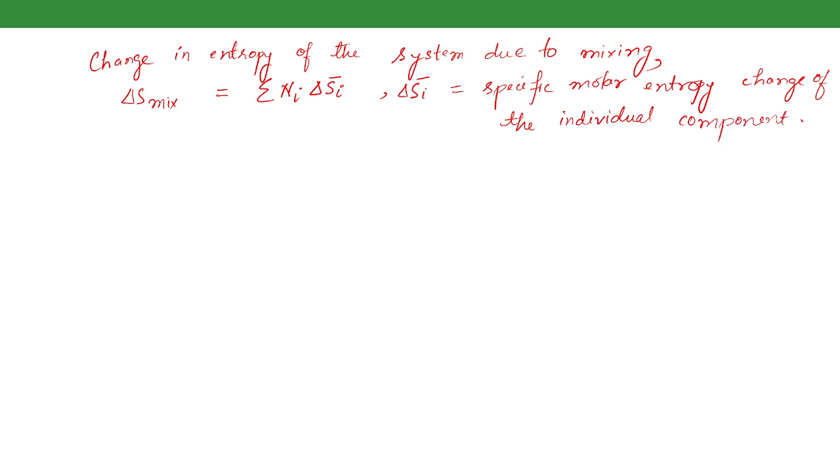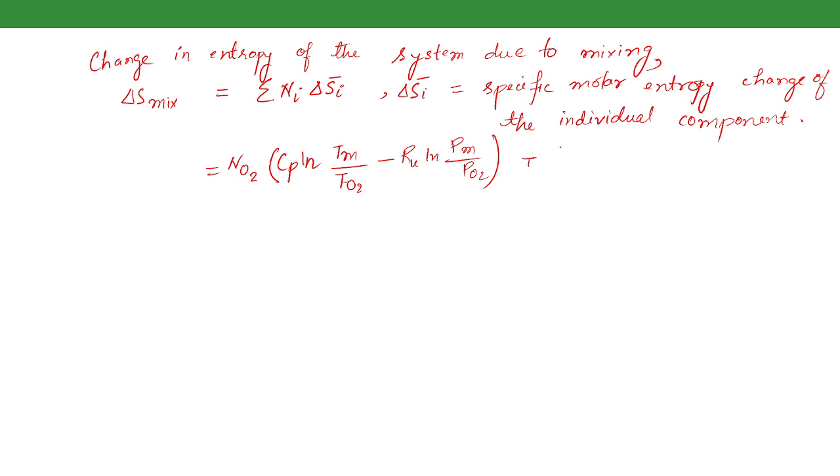So how will we go about it? Considering oxygen and nitrogen as ideal gases, we can write the specific molar entropy change in this form: for oxygen, N O2 times Cp ln of Tm by TO2, where Tm is the final mixture temperature and TO2 is the initial temperature of the oxygen gas, minus R universal, the universal gas constant, ln of Pm by PO2.